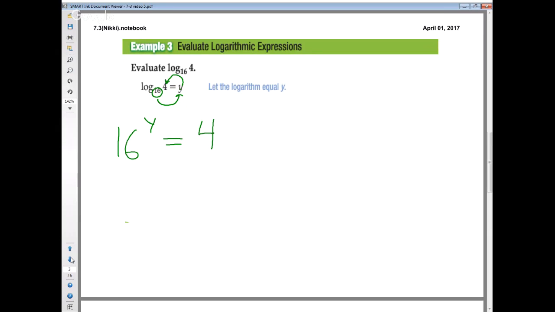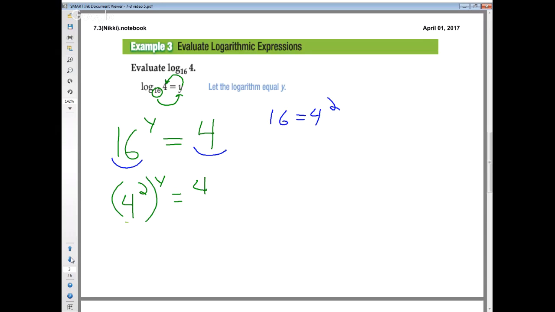So now we have an exponential equation. Let's go ahead and find a base that will match. If you take a look at these, we can see that 16 is the same thing as 4 squared, which is exactly what we want to make both the bases equal to 4. So let's go ahead and do that. 16 will then become 4 squared, with the y still on the outside.